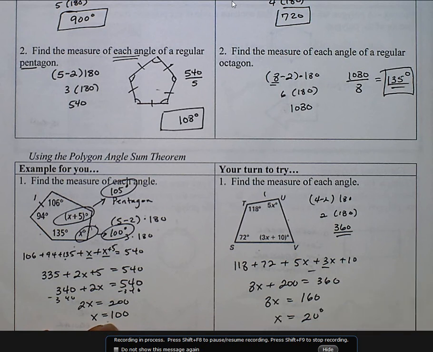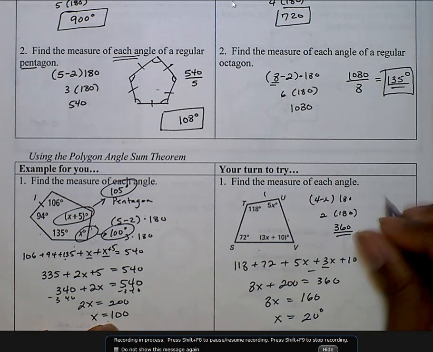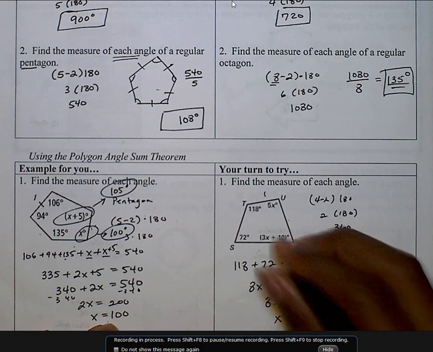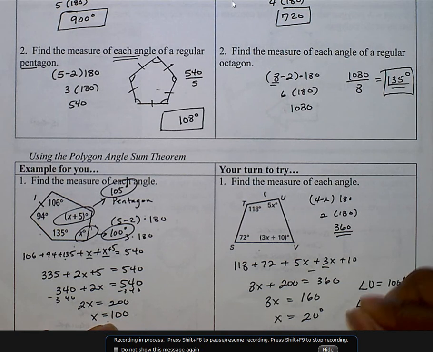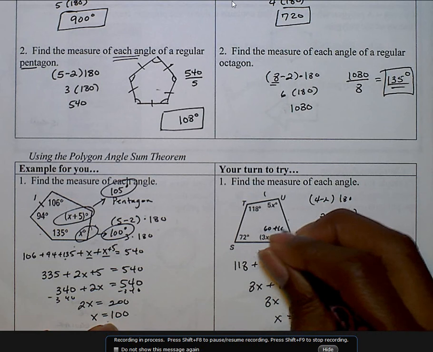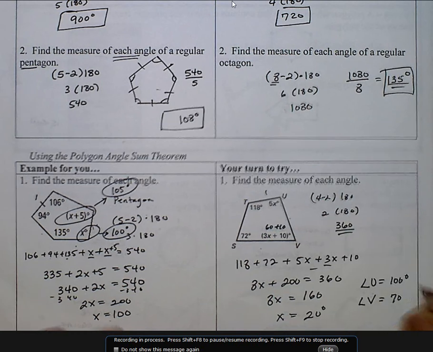Okay, and so I can say that angle U equals 20 times 5, which is 100 degrees, and I can say that angle V equals 20 times 3, which is 60, plus 10, 70 degrees.